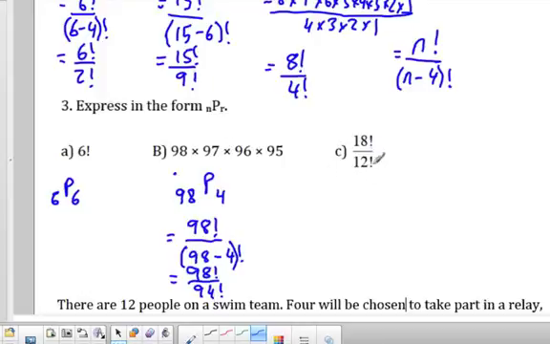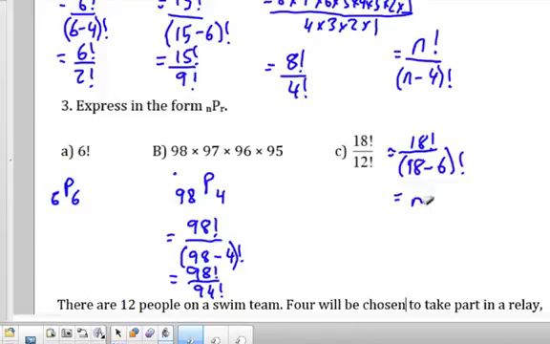And if we're going to write this in factorial notation, this would be the same thing as 18 factorial over 18 minus 6 factorial, which would then be the permutation of 18 choose 6.